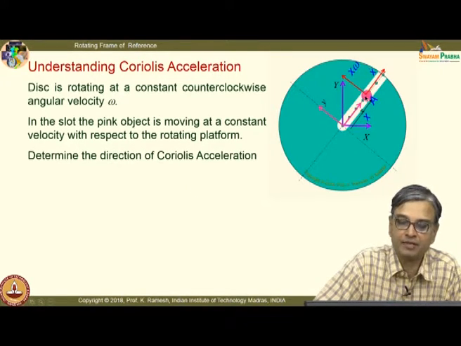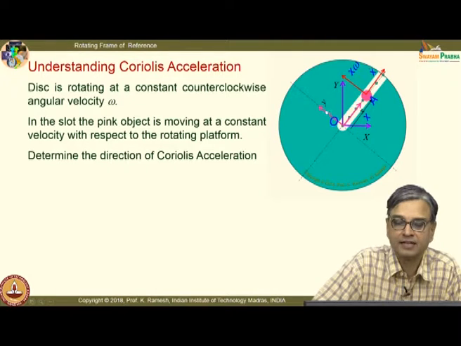And I have labeled the particle as A, and I have also labeled the center of the disc as O, and you have this fixed frame of reference like this, and the rotating frame of reference is aligned to the slot at this moment.